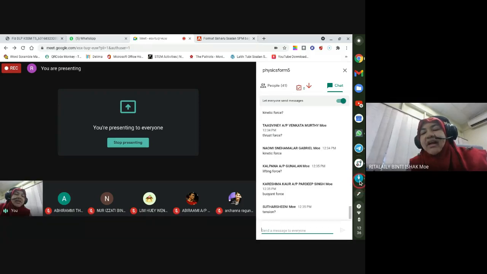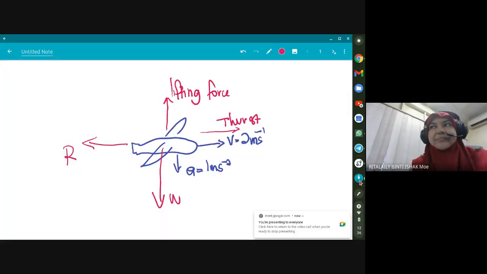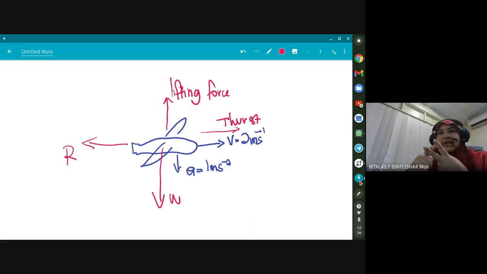When the question asks you for a relationship, and the things that you need to relate are only 2, you need to explain whether one is bigger than the other one, or it is equal. Okay, kalau ada 2. Tapi kalau ada 3, relationship biasanya involve pengiraan ataupun formula.